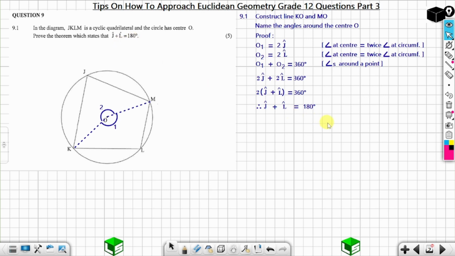You can also use another method to prove this theorem.